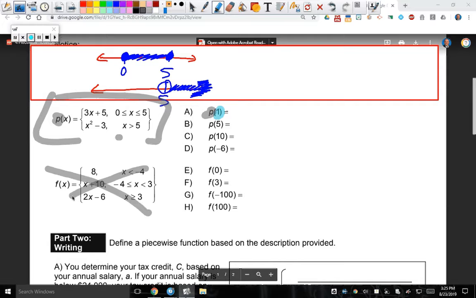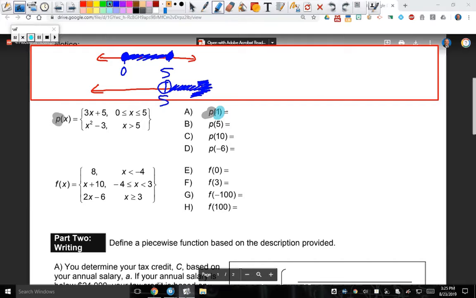Okay. So now that you know you're plugging it into P of x, piecewise defined functions tell us which equation we're going to plug it into. We have to pick which machine. It's like standing in front of 3 different vending machines. Which one am I going to plug this into? Okay? So, together, 1 is right here.